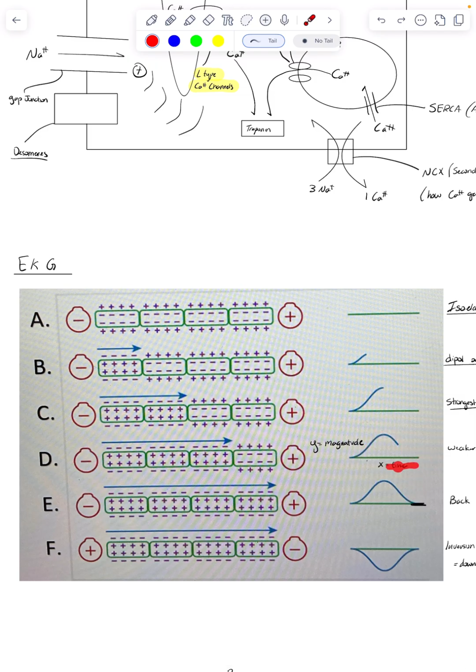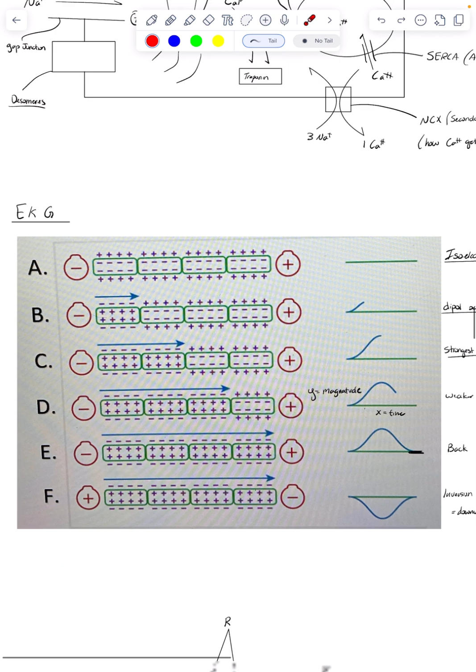And so the x-axis is time, and the y-axis is magnitude. Because this line right here, this arrow, that's velocity, or that's a vector. So vectors have both direction, which is what I was saying, right? We're going from a negative tail towards a positive sensor. That's a direction.